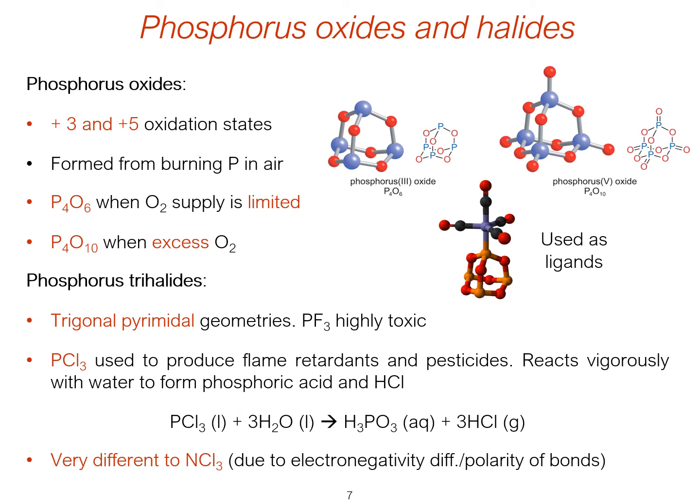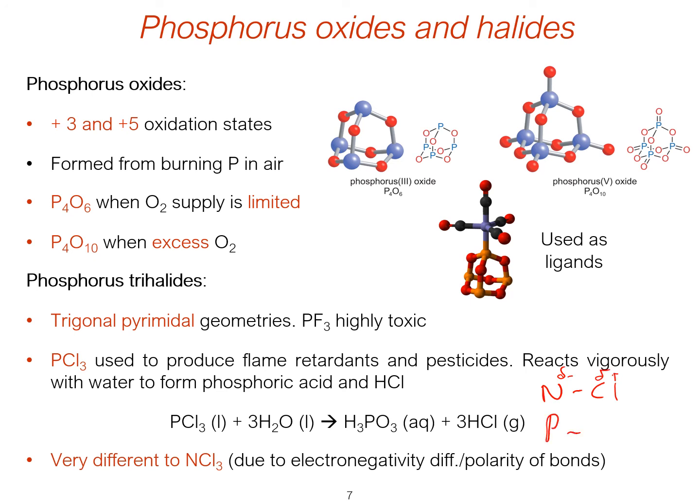However, it's quite different to NCl3, and this is because of electronegativity differences. So the polarity of bonds is almost flipped. If we look at NCl, in this case, nitrogen is the more electronegative, so this actually has the delta minus.